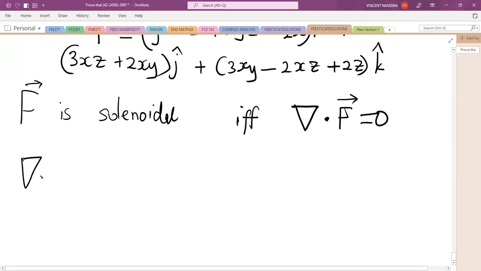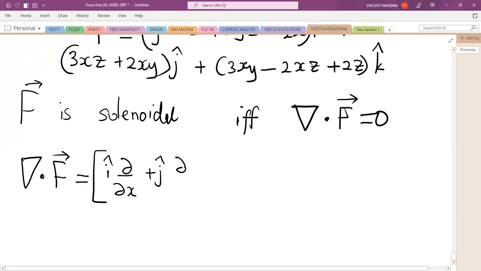The divergence of the vector f will be given by i partial x plus j partial y plus k partial z, dotted with f.